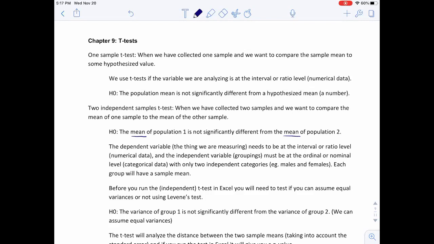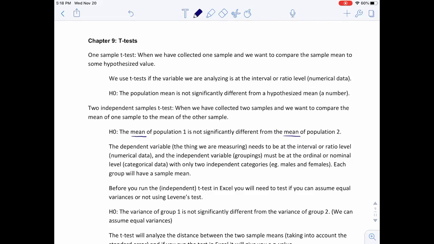Not to be confused with the dependent variable. The dependent variable is the thing that we're measuring. So if we're talking about the mean height of group 1 is not significantly different from the mean height of group 2, right? Our dependent variable would be the height, whereas group 1, group 2 would be our independent variable.